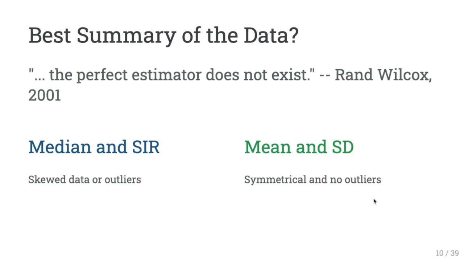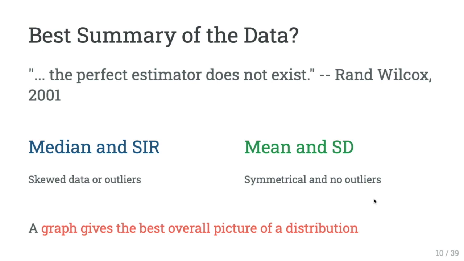The mean and SD are generally used with symmetrical data and no outliers. But honestly, in practice, I report the median, the mean, and the SD, and often the IQR every time, no matter what the distribution is. Together, they paint a pretty full picture of what the distribution looks like in your data.